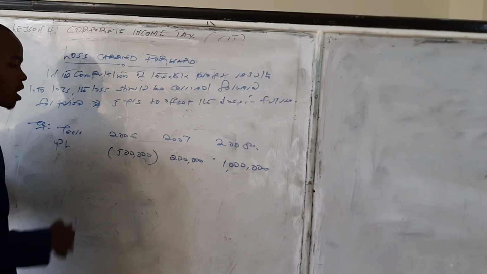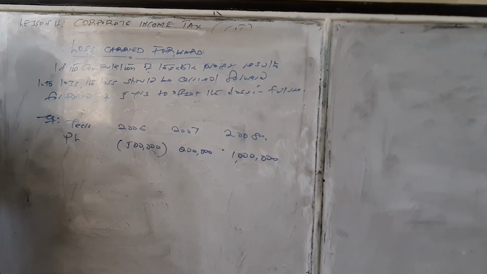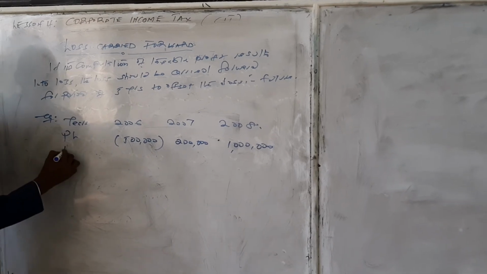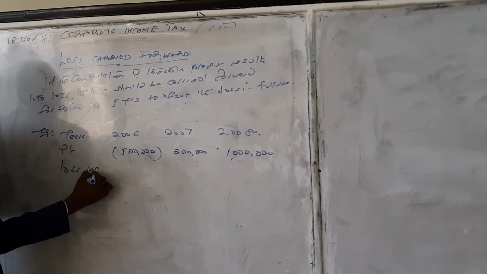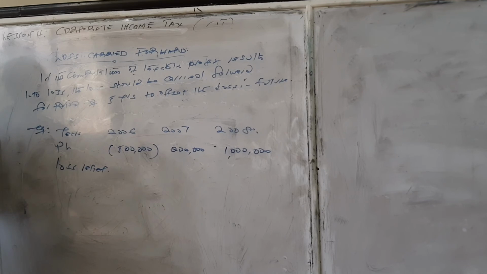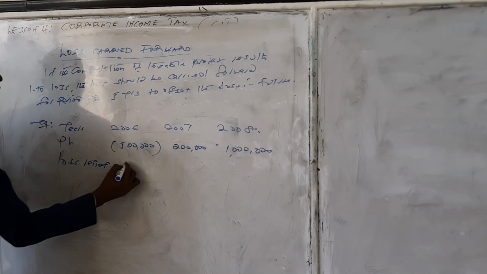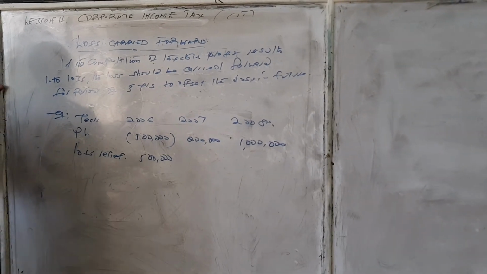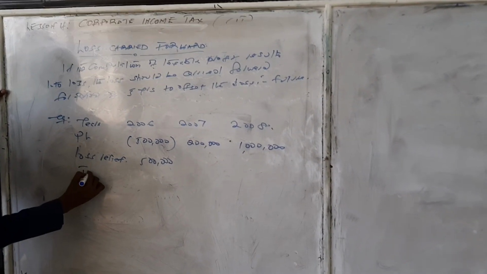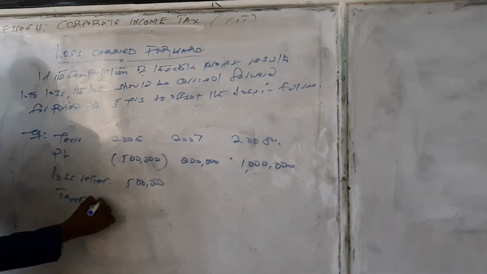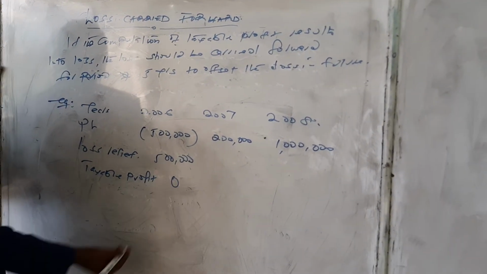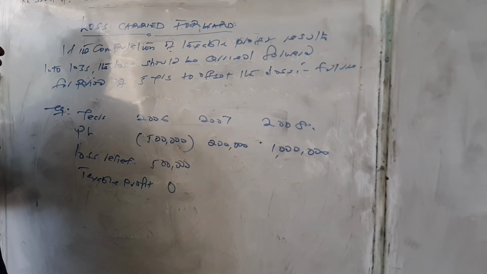So therefore, we have to compute the taxable profits. Here you need to say the loss relief. The loss relief here, you need to bring 500 here, which will give you the taxable profit. The 500 here gives 0 because this is negative and this is positive.